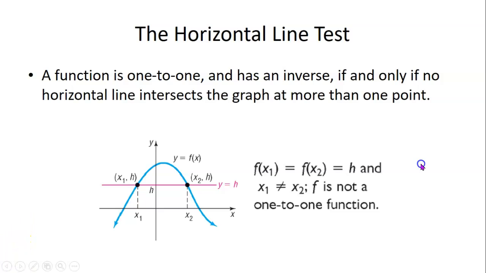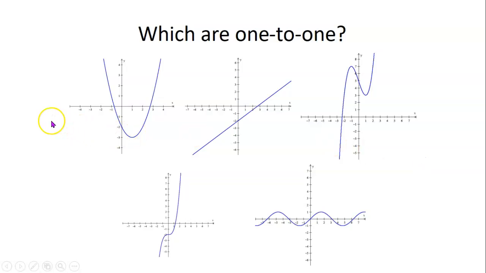So let's try this out on some functions. Which ones of these pass the horizontal line test for being one-to-one? What about this one? No, I see that a horizontal line could touch the graph at two different points, so it's not one-to-one. What about a linear function like this one?